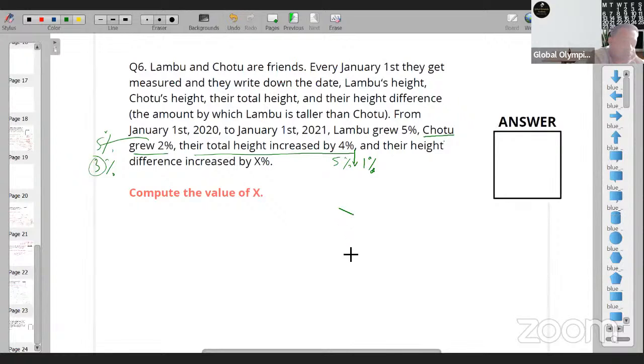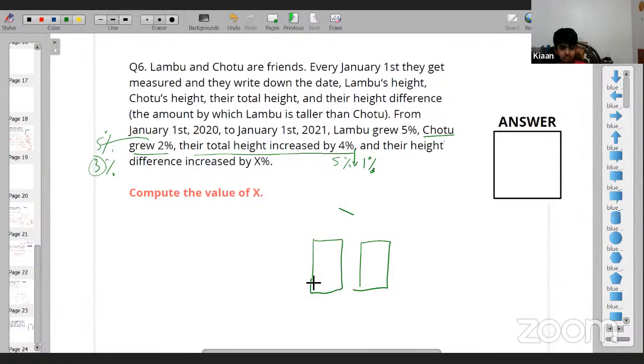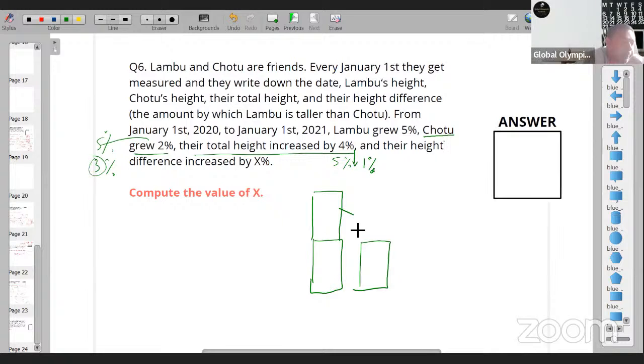Understood? So now let's say this is Chotu, Lambu is double of it, and therefore three parts. Understood? So if Chotu grows only by 2%, which is 3% less, the total impact is only 1%.